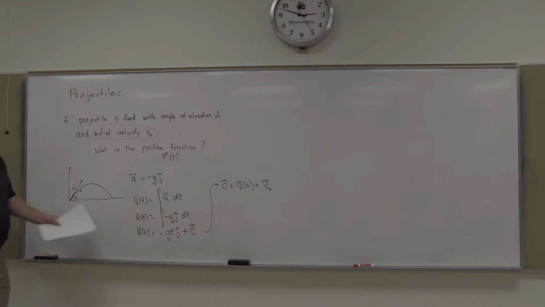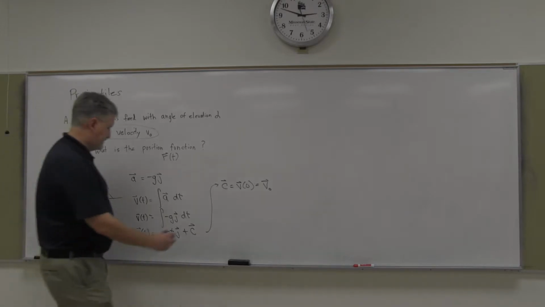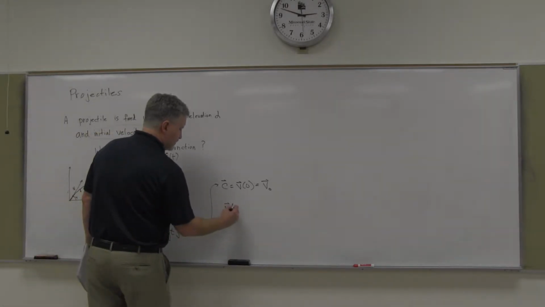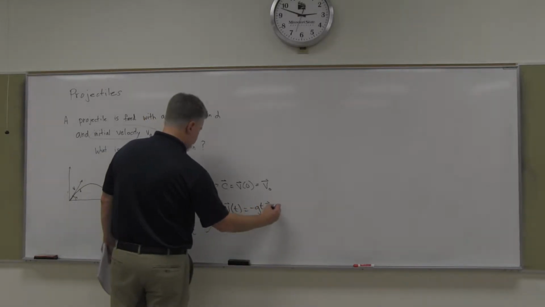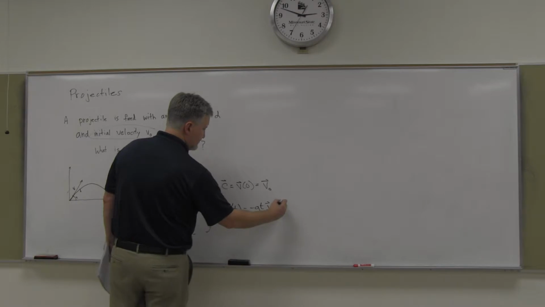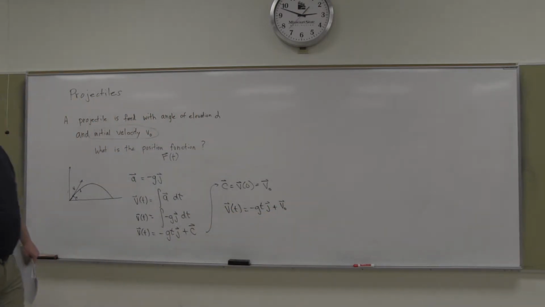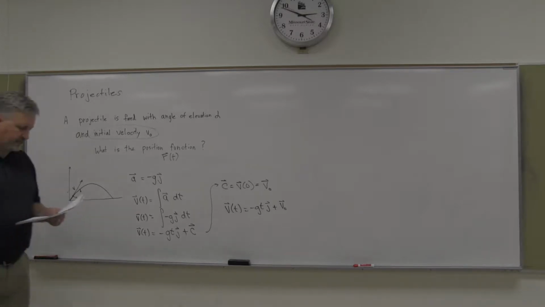So our v of t is just negative g t j plus that v0 vector. Whatever it is, it's not specified, but it'll all work out here.